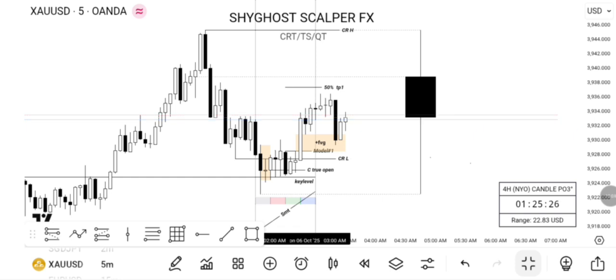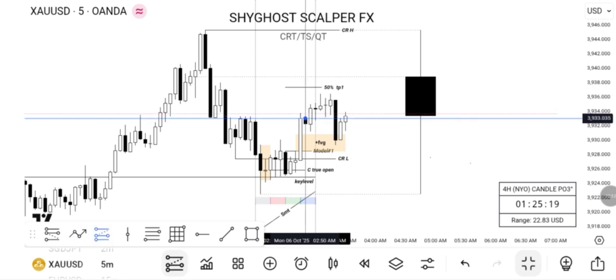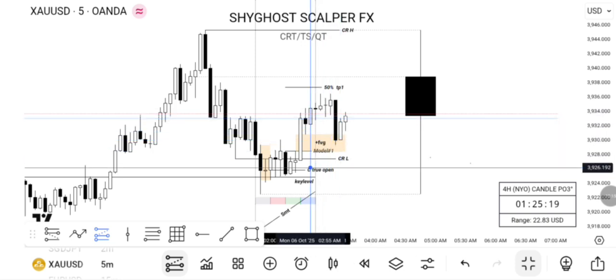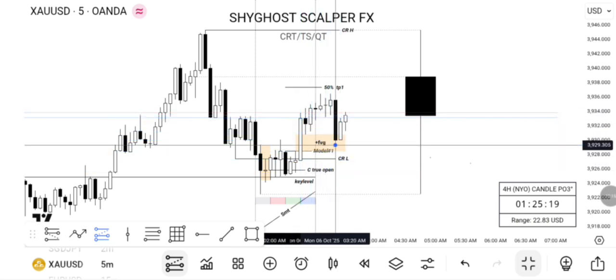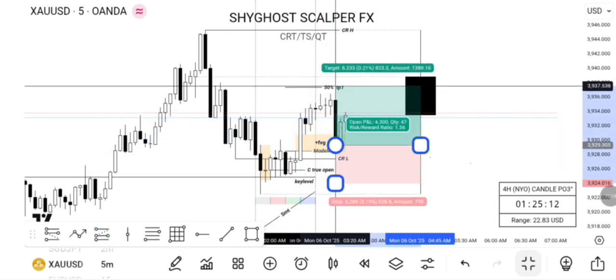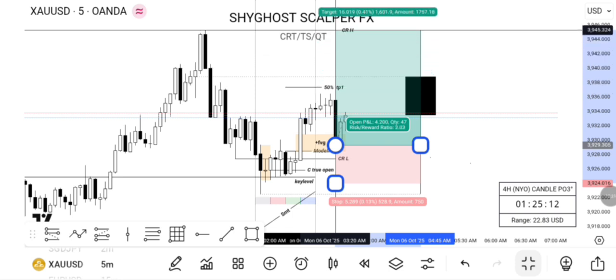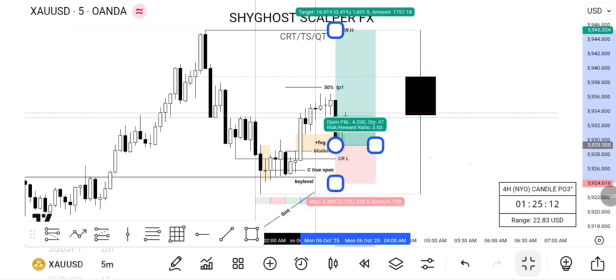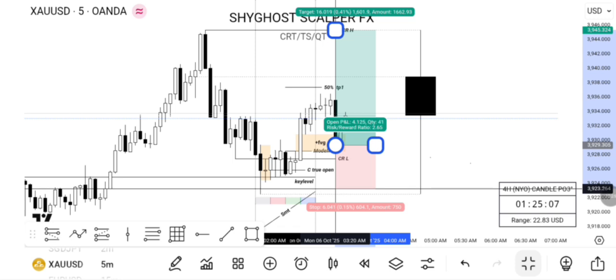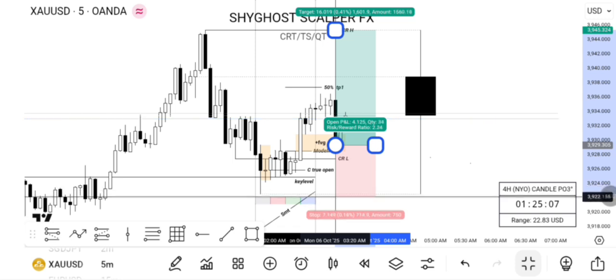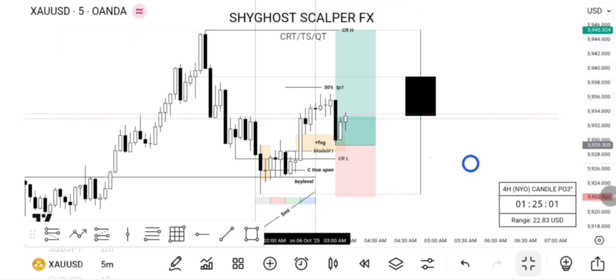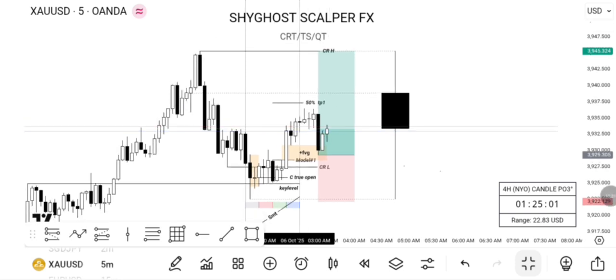So after we've done that, let's assume the DXY is supporting our narrative. Now we are safe to take our entries at our model 1 or at this FEG here. We target first TP here, our last TP here, and then we place our stop loss at 1 to 2 risk to reward somewhere here. This is our stop loss. Then we let our trade run.